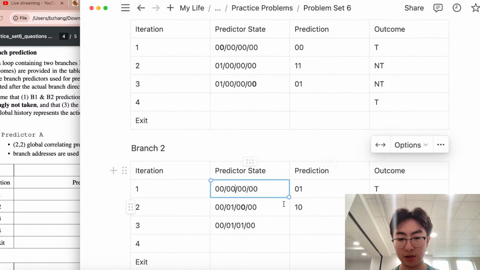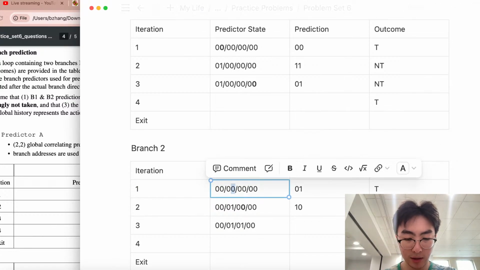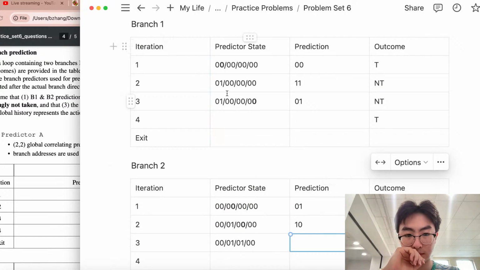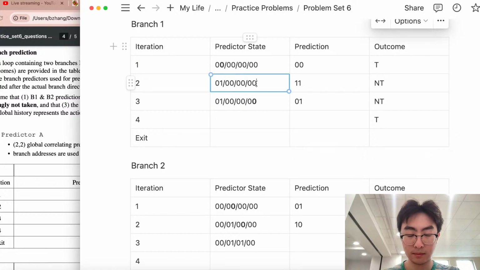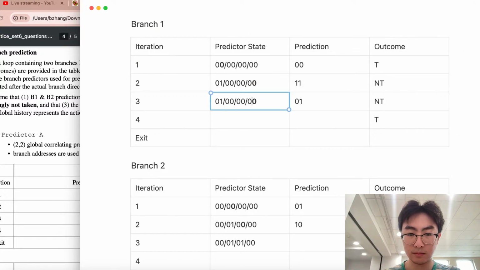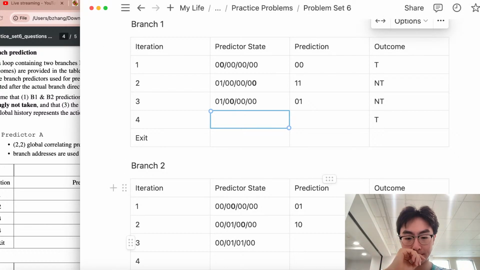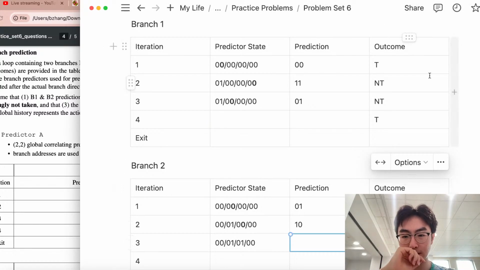I think this is on the right track. Change the 1 here. Okay. And so this is not taken.